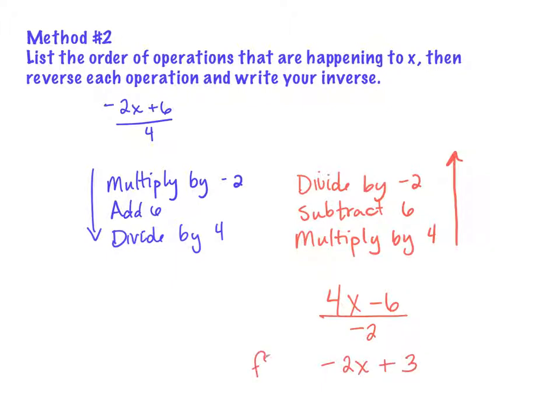And there is my inverse function. The simplification piece is not necessary. I want to stress that. This, with the f negative 1 of x here, is perfectly fine. You don't need to move it to this step unless you're comfortable with it. So those are the two methods of finding inverses algebraically and simplifying them.